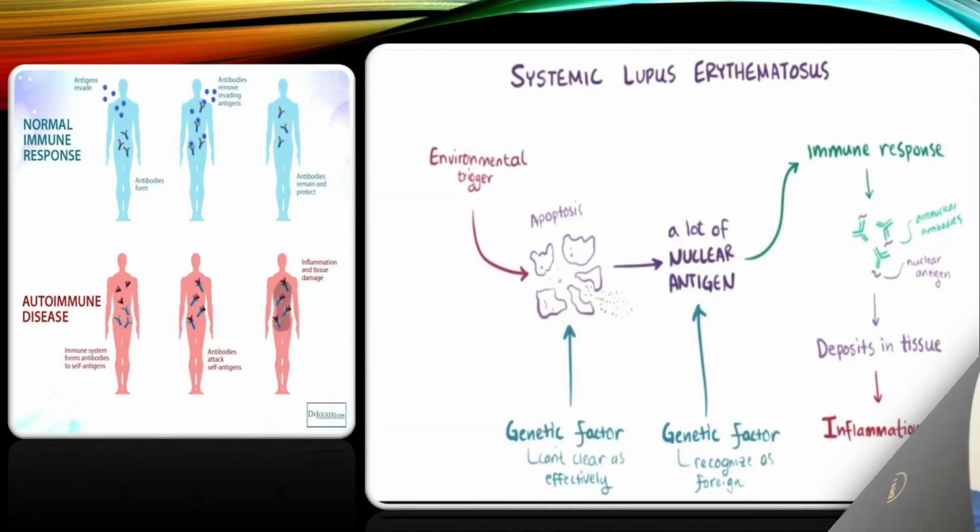But SLE patients are genetically predisposed to this disease, and they have a deficiency of complements called C3 and C4. These are required to remove the apoptotic bodies from the circulation. This won't happen in SLE, so the nucleus stays in the circulation.